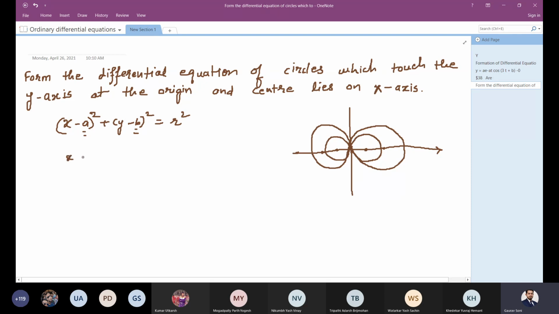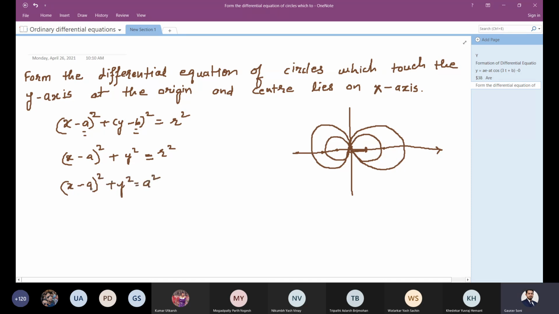In place of r square, we have to write a square, since the same coordinate is going to be the distance from the origin as well as the radius. That's why this will become x minus a whole square plus y square equal to a square.